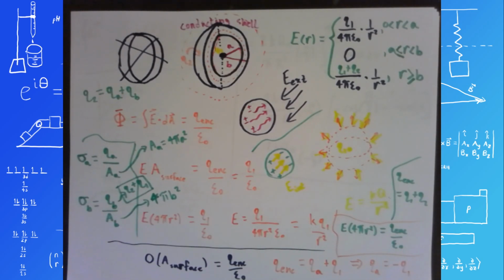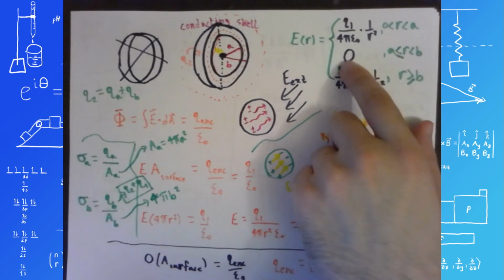Is there anything else that I can do with this problem? They do have a question here. It says, for how many values of x, I'm going to say how many values of r, is it true that the electric field is 0, none, 1, or more than 1? At how many points is the electric field 0?